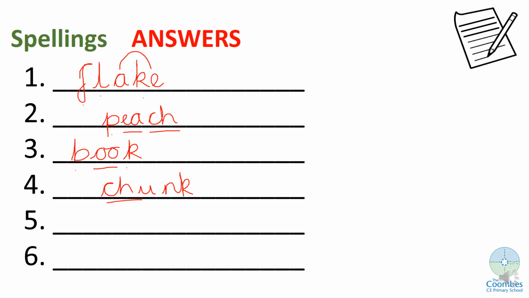Ch, u, nk, chunk. And then our first red word. You can't thread a red, so I will say letter names. Some. S, O, M, E. Some. And your. Y, O, U, R. Your. Tick or fix your work and see how well you did.